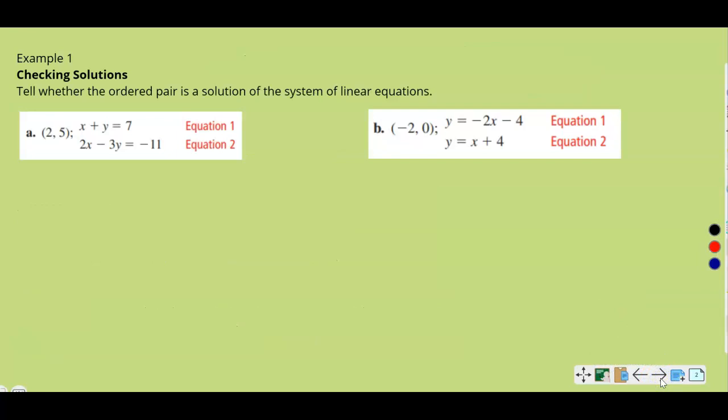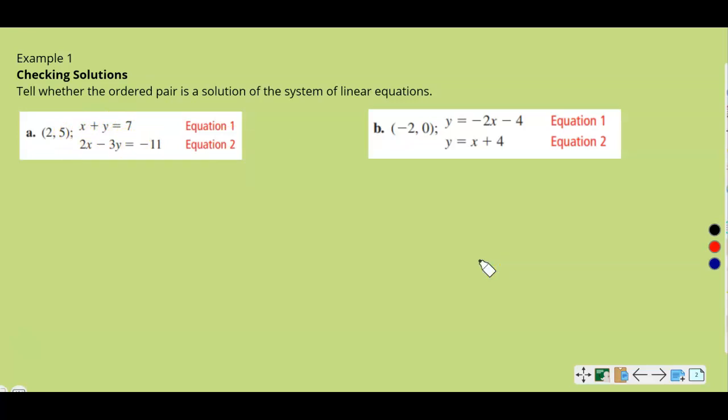All right, example 1, checking solutions. Tell whether the ordered pair is a solution of the system of linear equations. So you can see for part A, we're given two equations, and we're given an ordered pair. So they simply want us to see if this ordered pair is a solution to this system. So all we're going to do is substitute that in.